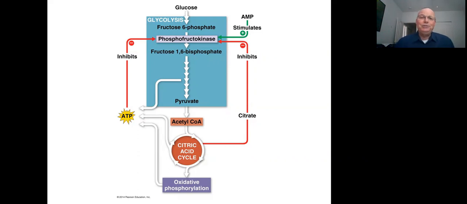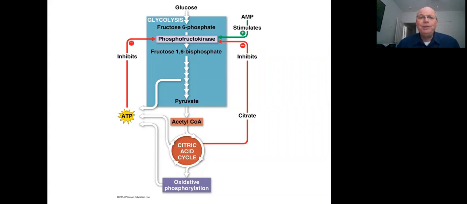And AMP, it turns out, is an enzyme stimulator or upregulator. It's a control molecule, and it controls other proteins. And in the case of phosphofructokinase, it's an activator. It upregulates phosphofructokinase. It upregulates cell respiration.